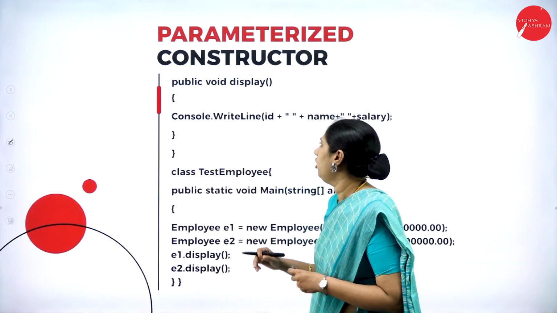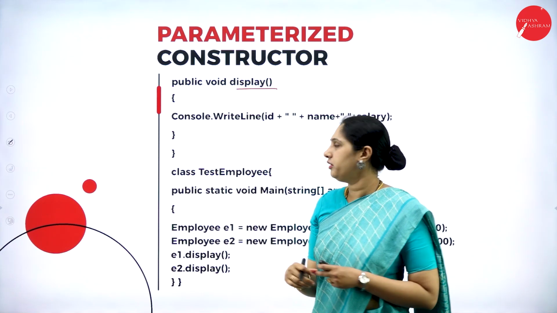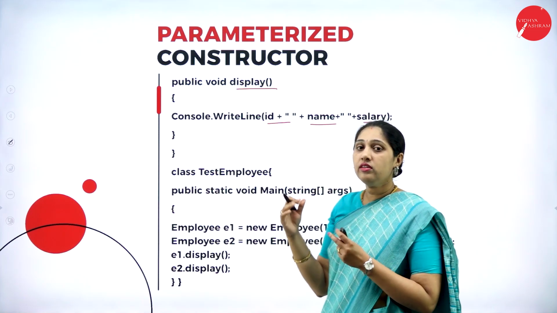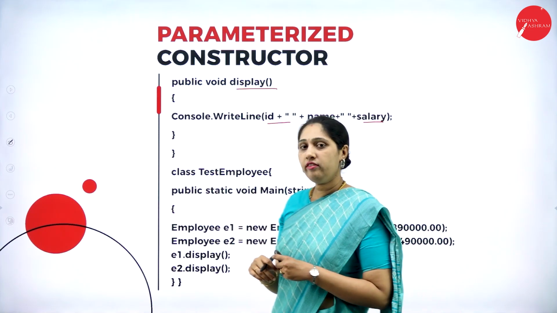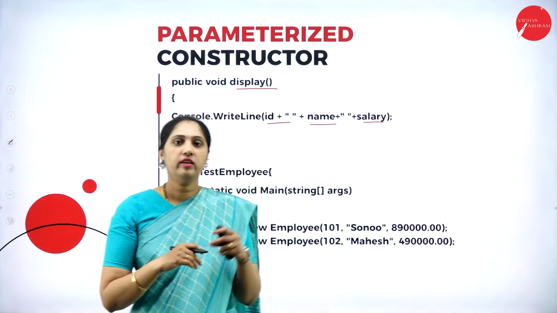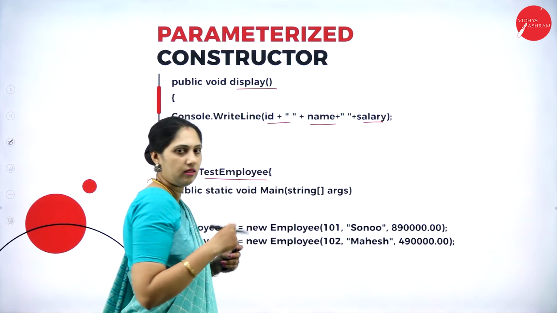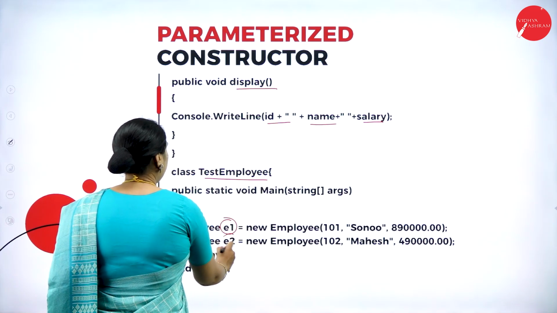Next, it's time to call the display function. What will the display function do? It will just print the ID, name, salary, whatever we have passed. So where can we pass them? We'll pass them when we create an object. So this is TestEmployee, the main class. What we do is we'll create two objects, E1 and E2.